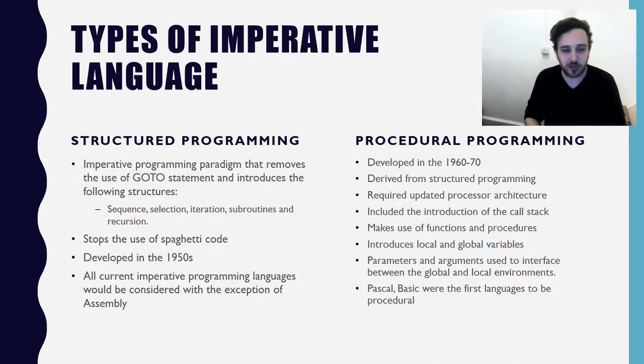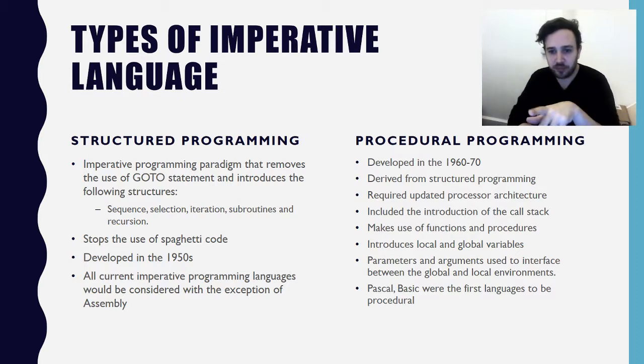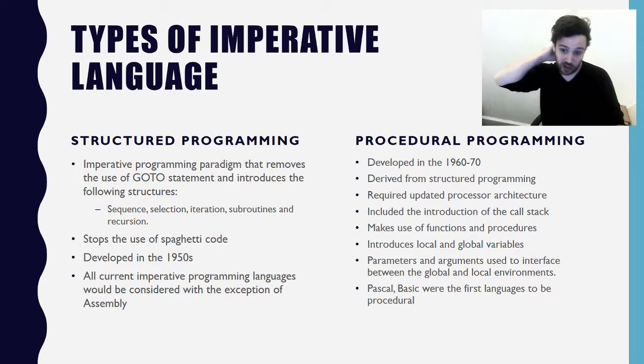You could imagine having structured programming, as in having subroutines, but not necessarily having the parameters that go within them. The subroutines were developed in the 1960s and 70s, and they actually required a change to the underlying programming structure and the actual underlying hardware of the computer.